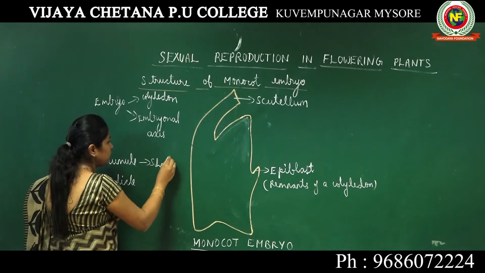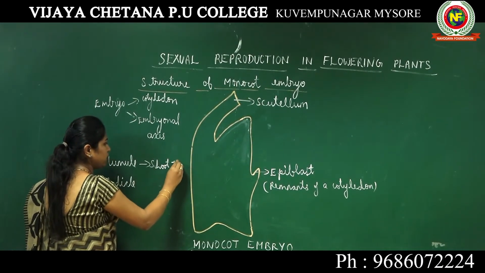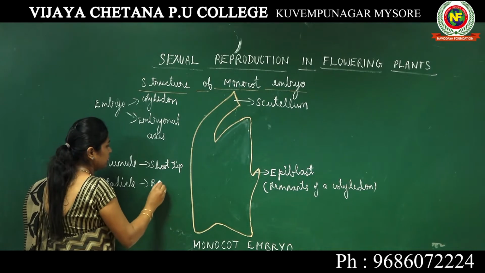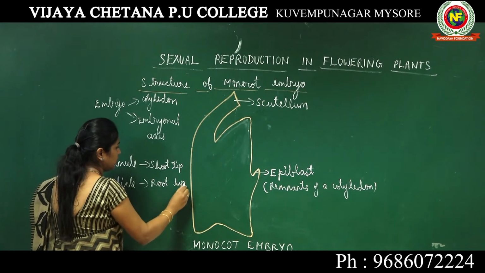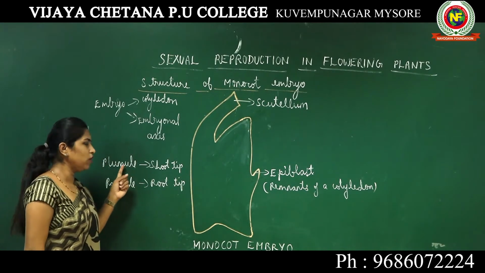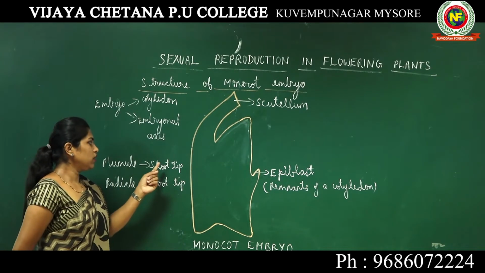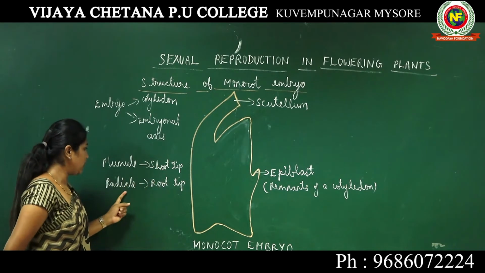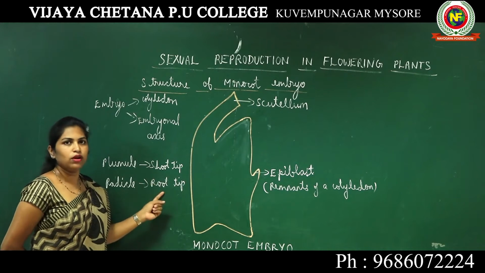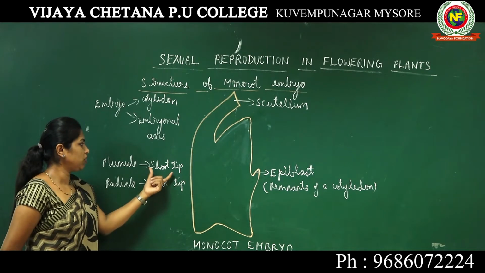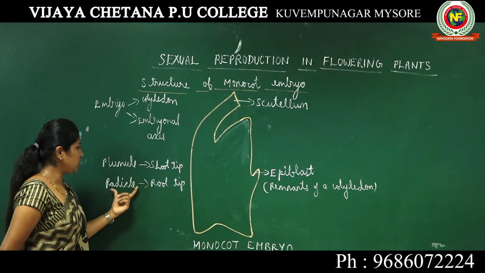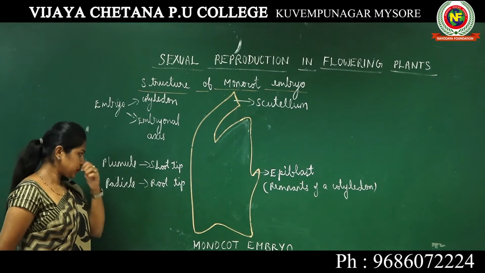Plumule is nothing but the shoot tip. Radicle is nothing but the root tip. Plumule always gives rise to a shoot, whereas radicle always gives rise to a root.